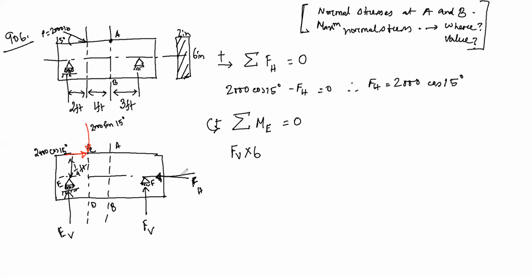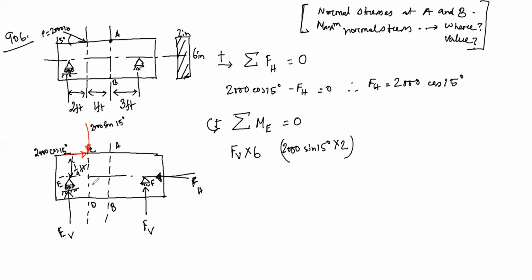Then we have FH, which is acting on the same line of action, so there is no vertical distance, so that will be FH into 0. Now we have 2000 sine 15 degrees. If the force is vertical, then the distance is horizontal, so the horizontal distance is 2 feet.